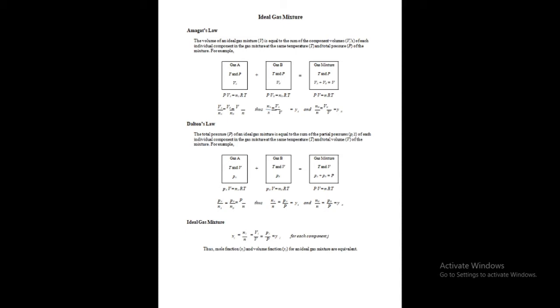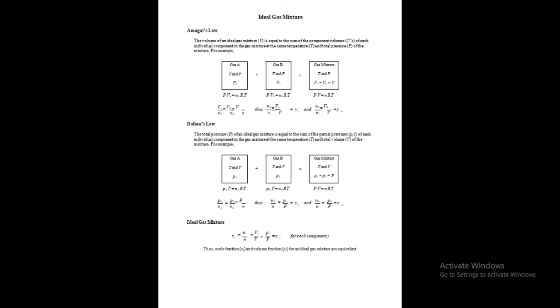It goes like this, and that is equal to the total value P by N. First we consider component A: PA by NA is equal to P by N. Rewriting this expression, NA by N is equal to PA by P, that is equal to the mole fraction. Individual mole divided by total mole, or individual pressure divided by total pressure, is the mole fraction or pressure fraction.